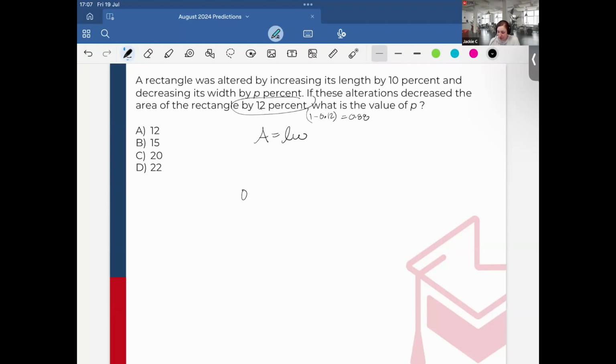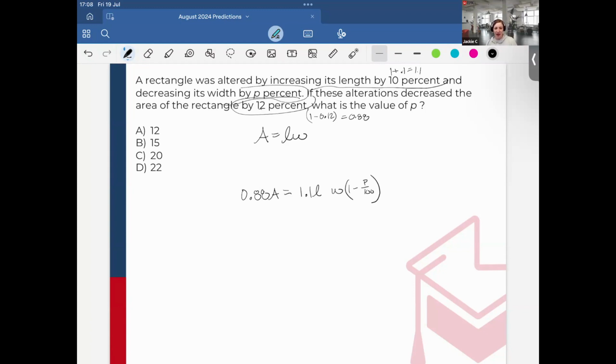So the new area of the rectangle is 88%. It had its length increased by 10%, so this would be 1 plus 0.1, which is 1.1. So 1.1 times the length, and decreasing its width by p%. So the width would be 1 minus p%, which we're going to solve for.